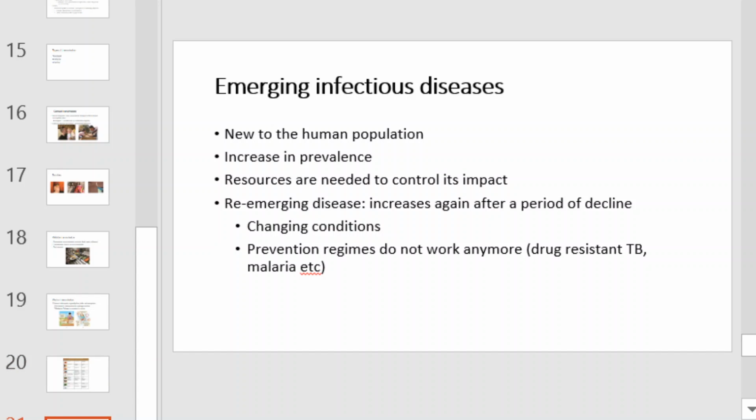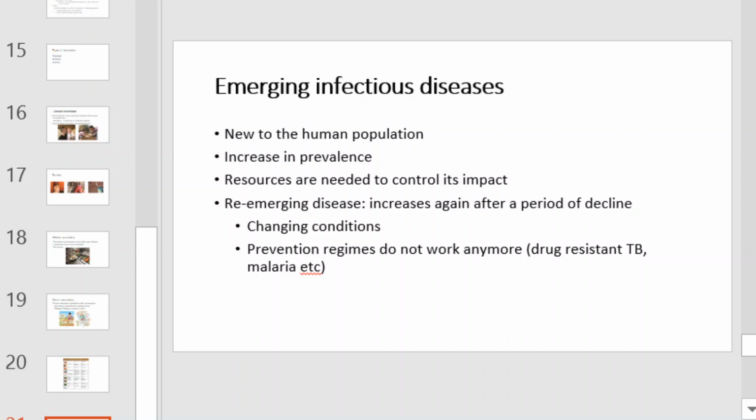Emerging infectious disease. Emerging infectious disease is any disease that is new to the human population, increasing in prevalence, and one which requires resources to control its impact. Re-emerging diseases increase again after a period of decline, often as a result of changing conditions.